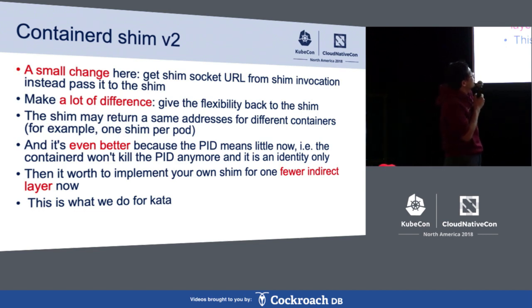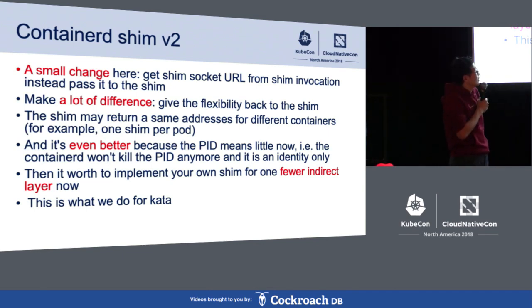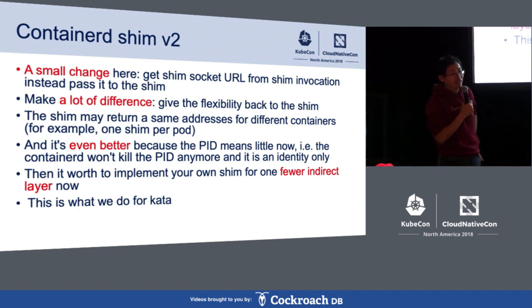In this case, even with one shim for the whole sandbox, there is no problem. The PID is only an ID here, not a process. So that was to implement a new simple shim for Kata. We could provide one fewer indirection layer, right? That's the hardest thing in computer science.